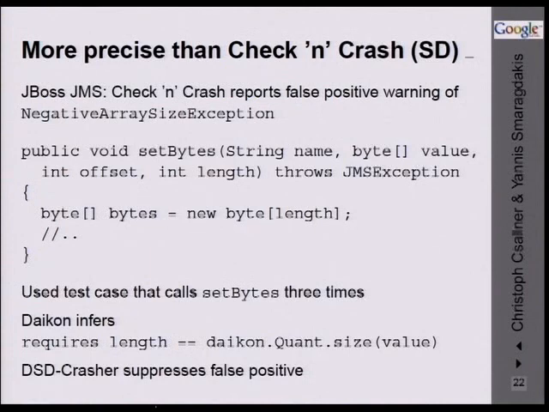So we ran 3 test cases which use the method properly. And from those 3 test cases, DICON inferred that precondition here, and I'm using JML syntax. Anyway, the value of length has to be equal to the size of that array. And when we use this precondition inside DSD-Crasher, then DSD-Crasher will suppress that kind of false positive.